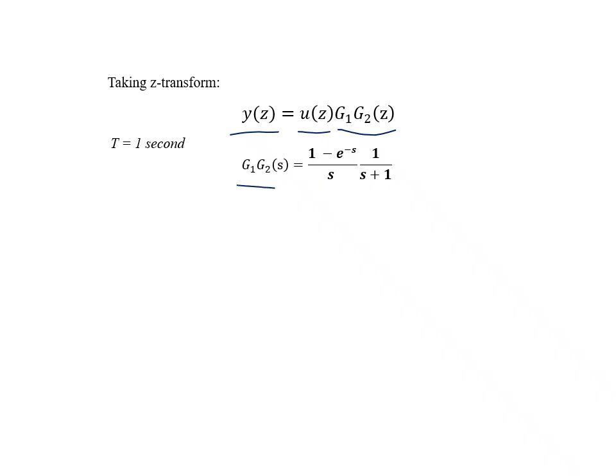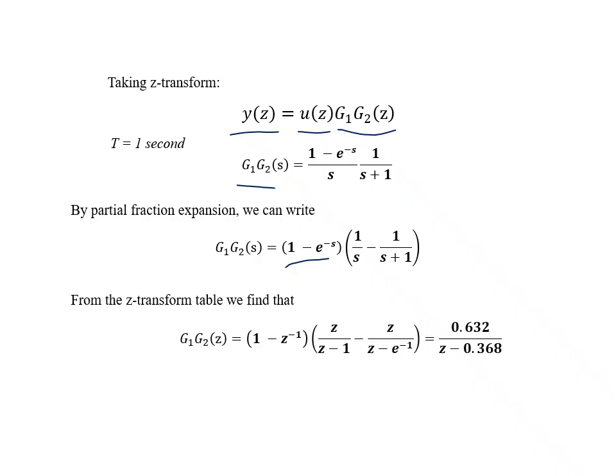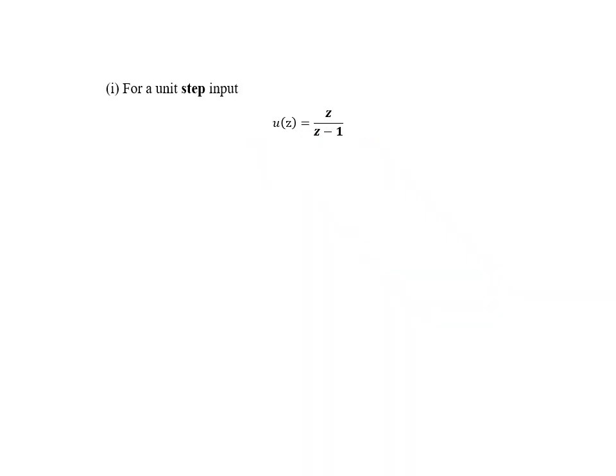G1 G2 of s equals 1 minus e power negative Ts divided by s multiplied by 1 over s plus 1. Then we have 1 minus e power negative Ts times 1 over s minus 1 over s plus 1. Then G of z equals 1 minus z power negative 1, where 1 over s equals z over z minus 1, and 1 over s plus 1 equals z divided by z minus e power negative 1, which is equal to 0.632 divided by z minus 0.368.